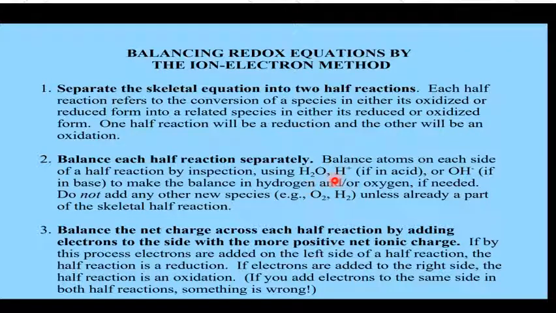H plus डालना है if it is in acidic medium और OH minus if it is in base. क्या बैलेंस करने के लिए? To balance hydrogen and oxygen. Is it clear? So first, balance the atoms on each side of a half reaction.